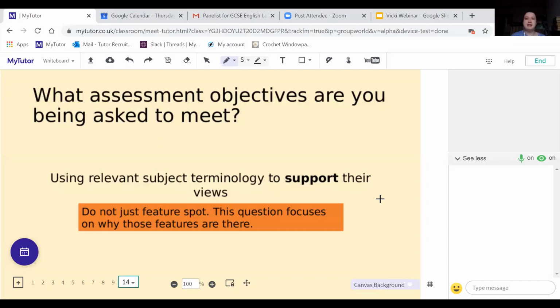This makes a T-Rex show that he's really angry and vicious. That would basically be feature spotting, because you're just telling me that's personification, here's my evidence, and here's a really basic level analysis. It doesn't really get you very far in terms of marks. So it needs to be there to support your views. It's basically setting you up for getting the big marks.